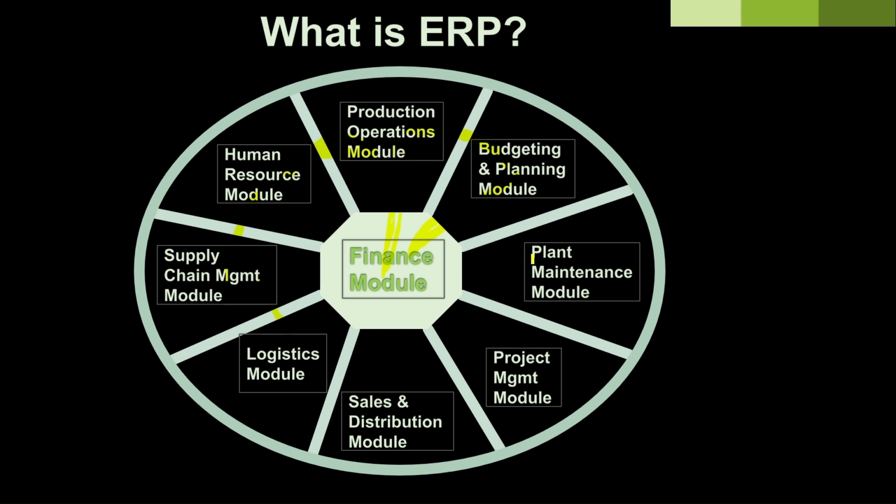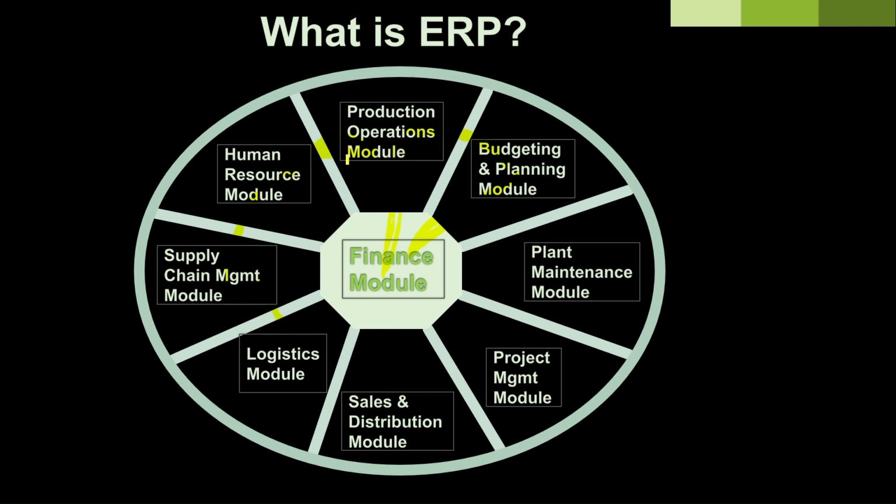As a way of summarizing again, within each module, there is integration between the various sub-modules that make up the module. There's also integration between modules, say from production operations to human resources.